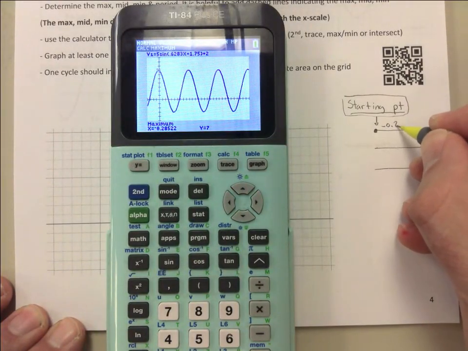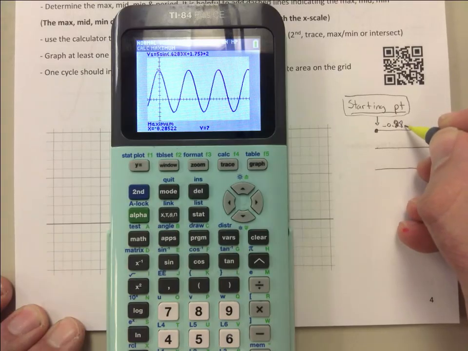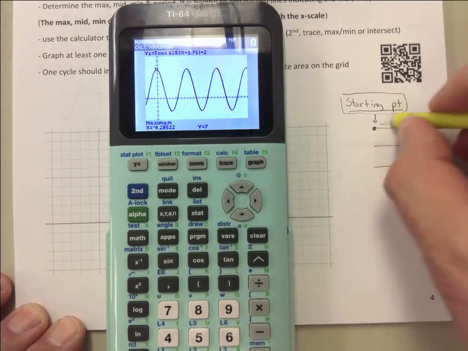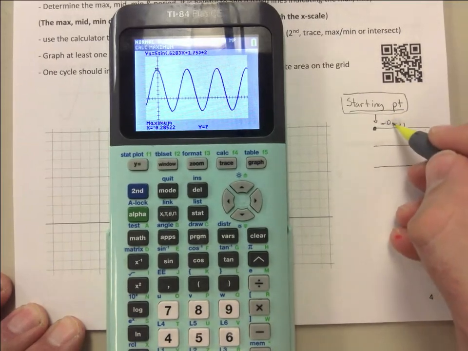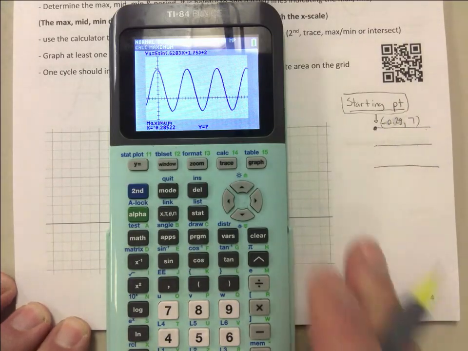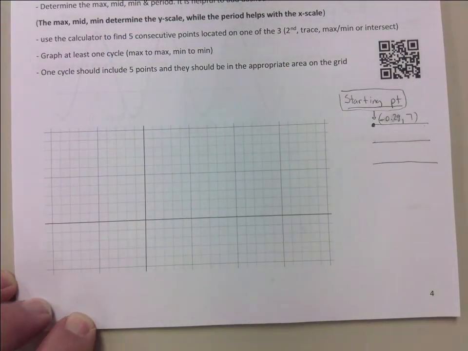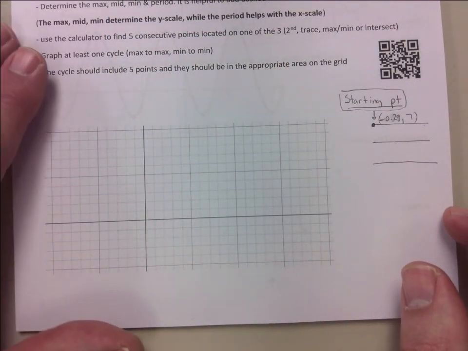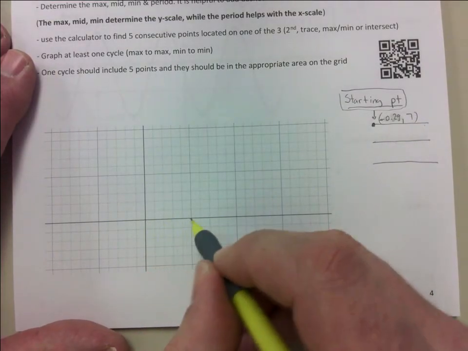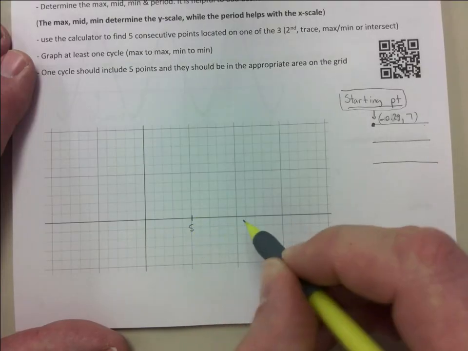Negative 0.28, sorry, 29, right? Sorry. Seven. Got it? Negative 0.297.